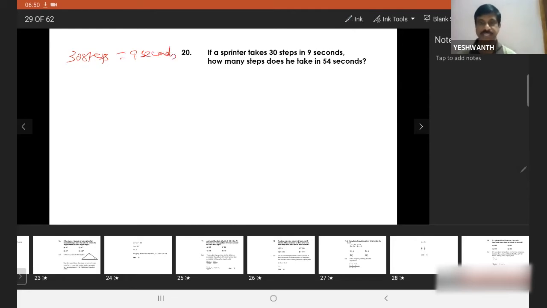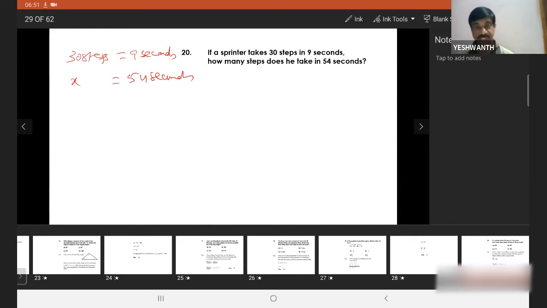He is taking 30 steps in 9 seconds. So how many steps can he take in 54 seconds? X steps. So as time increases, the number of steps also increases. That means this is directly proportional or not.